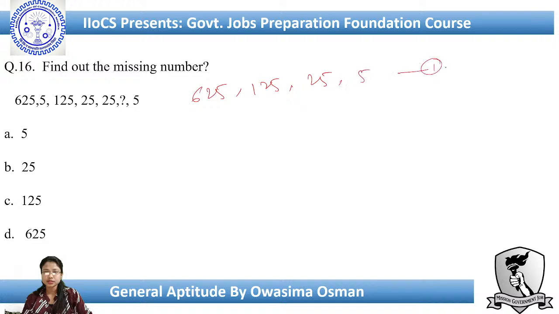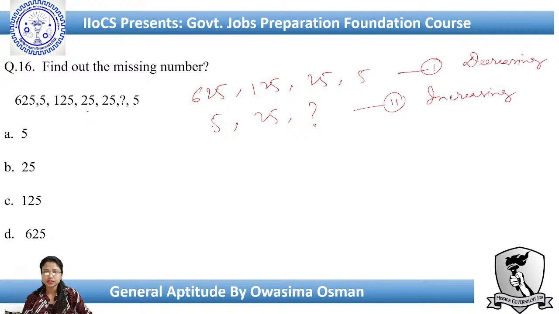This is our first series, which is in a descending or decreasing manner. And our next series is, alternately, 5, 25, and you have to find that number. This is our second series, and it is an increasing or ascending series.